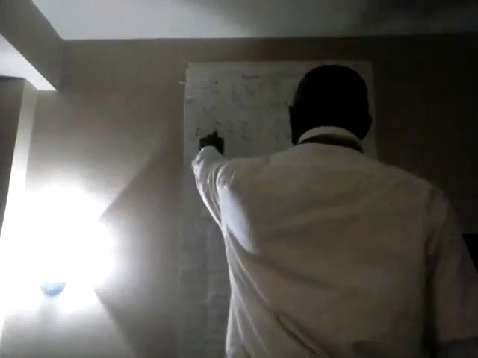Second row, first column, second row, second column, and second row, third column. Third row, first column, third row, second column, and third row, third column. That's what these subscripts here mean.